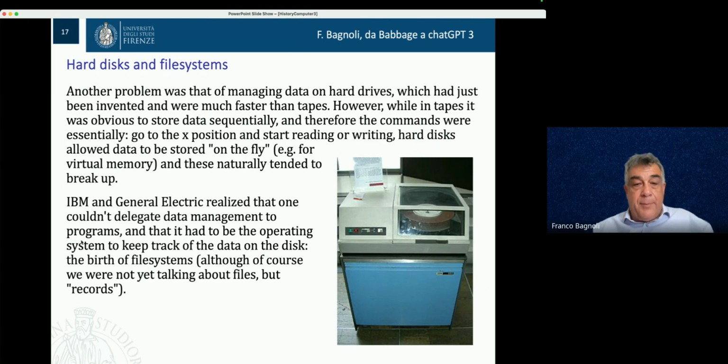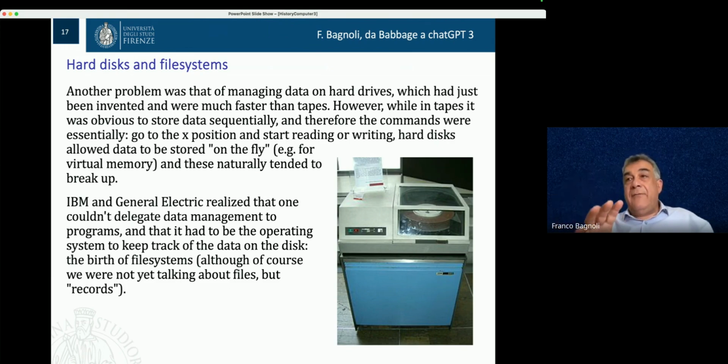But the important point is that now it is extremely fast to jump from one point of the disk to another. So it made sense to have a list, a directory of what was inside your disk. Clearly, at the time, files had not been invented, only records.